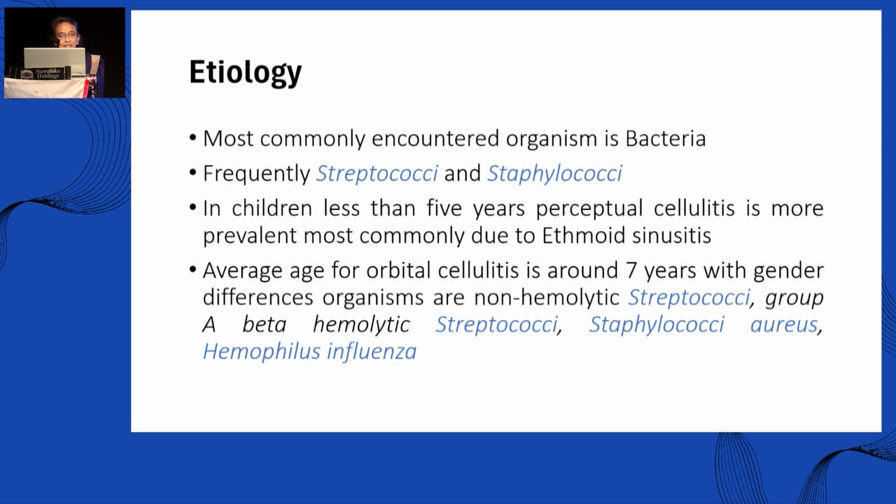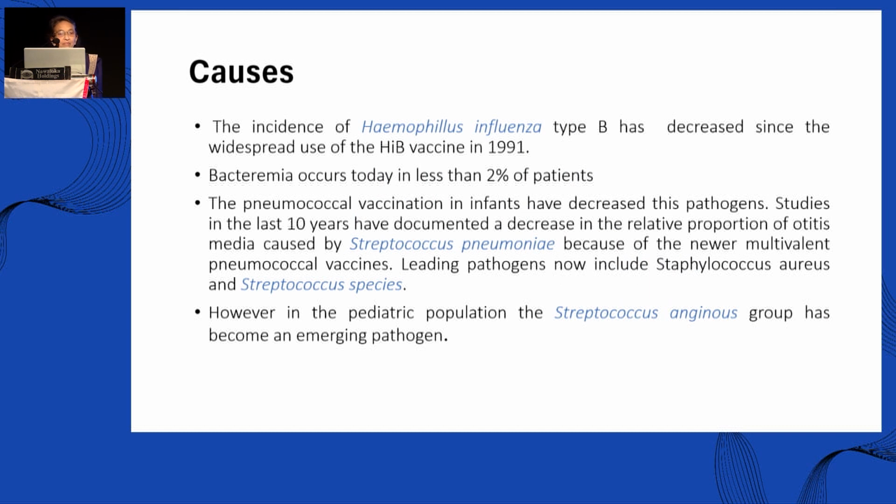The organisms are non-specific streptococci, non-hemolytic streptococci, group A and beta-hemolytic streptococci, Staph aureus, and Haemophilus influenzae. But the incidence of Haemophilus influenzae type B has decreased because of the widespread use of the Hib vaccine started in 1991.